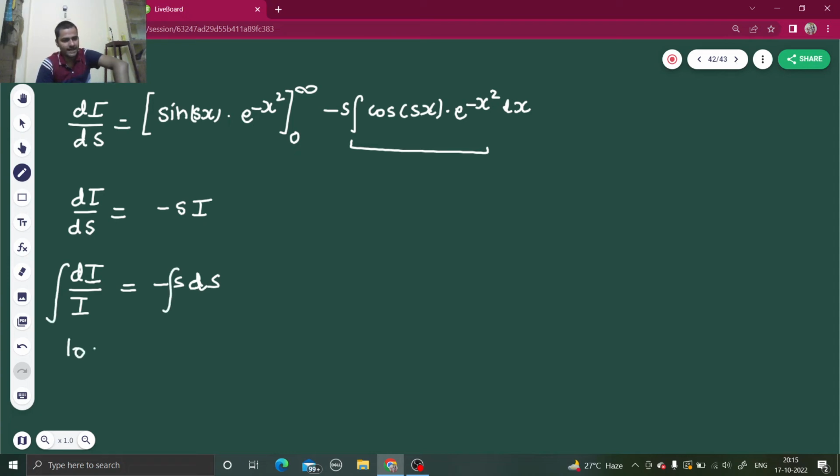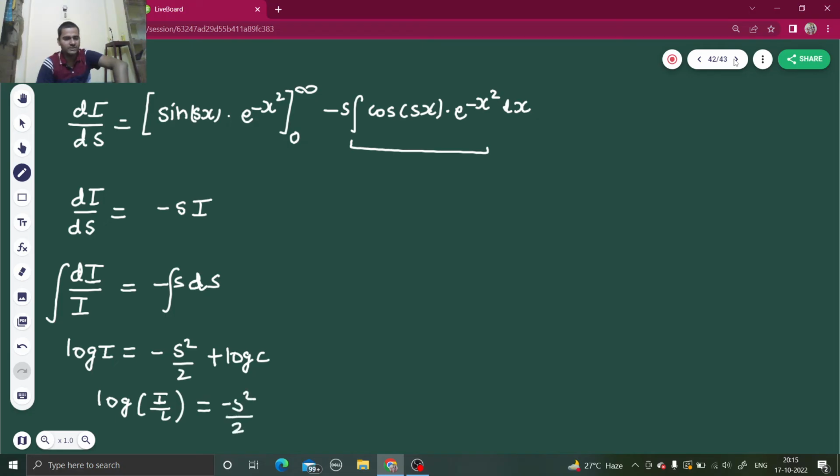So log I equals minus s square by 2 plus log c. Now this log c can be moved to the left hand side, so that will give you log I minus log c, which is log I by c. I have skipped one step, equals to minus s square by 2.